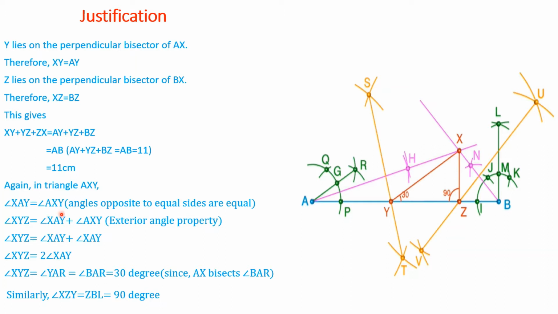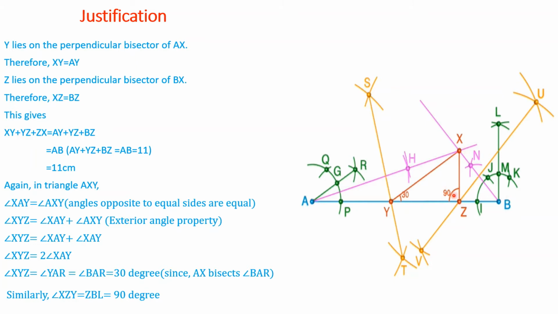Now XAY and AXY both are equal. So in place of AXY, you can write XAY. So this becomes 2 times XAY. And 2 times XAY, you know, is angle RAB. So that is 30 degree.